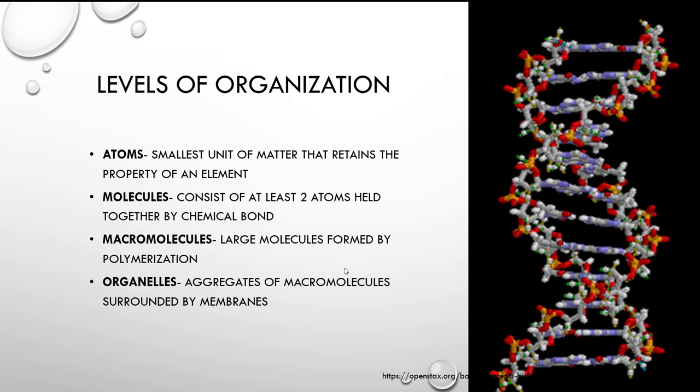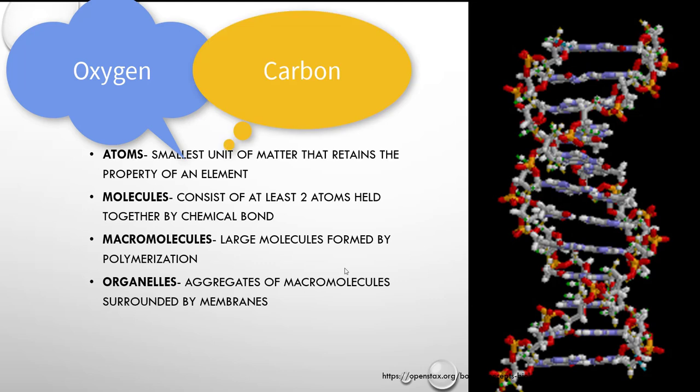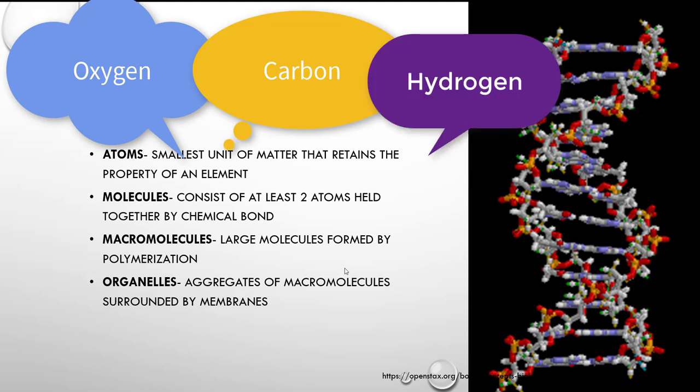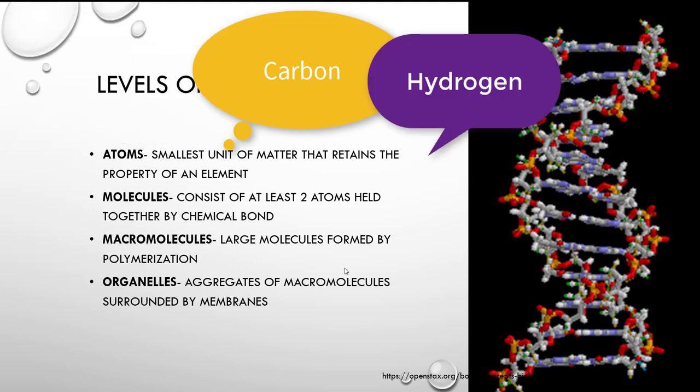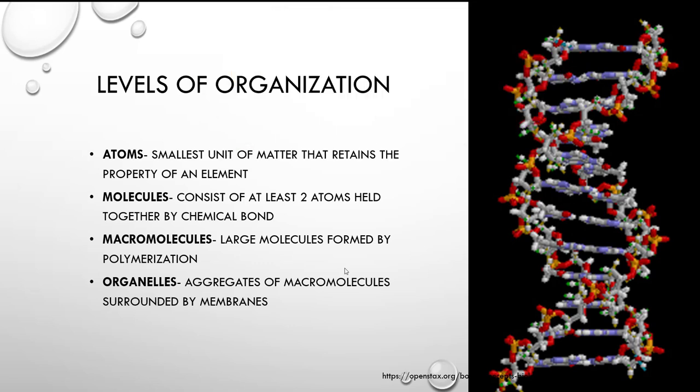If you're familiar with chemistry at all and have ever used a periodic table, those are the things on the wall of a chemistry classroom or lab, and they have oxygen, carbon, hydrogen, all in a chart on the wall. Those are elements.